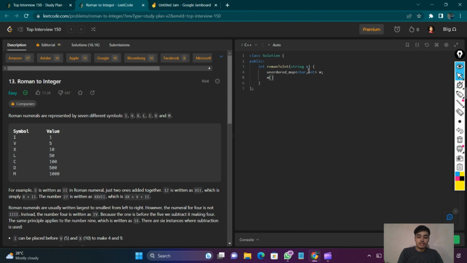So we are going to take I, and its value is going to equal 1. Similarly we are going to do it for all of them. So let's copy paste.